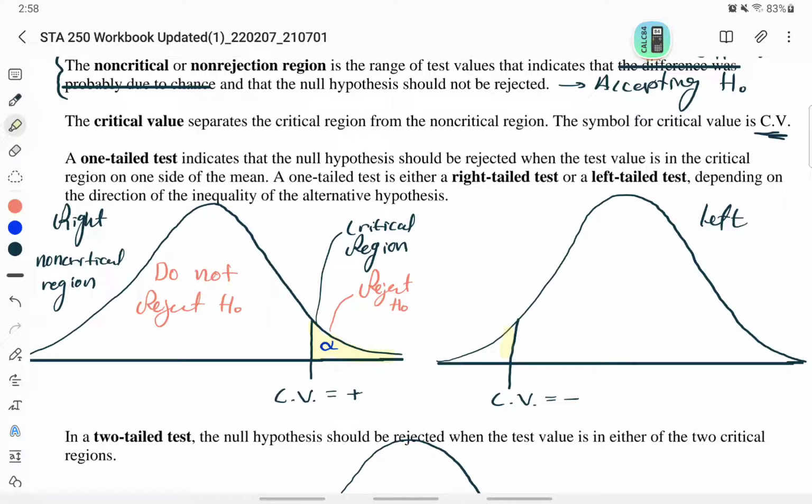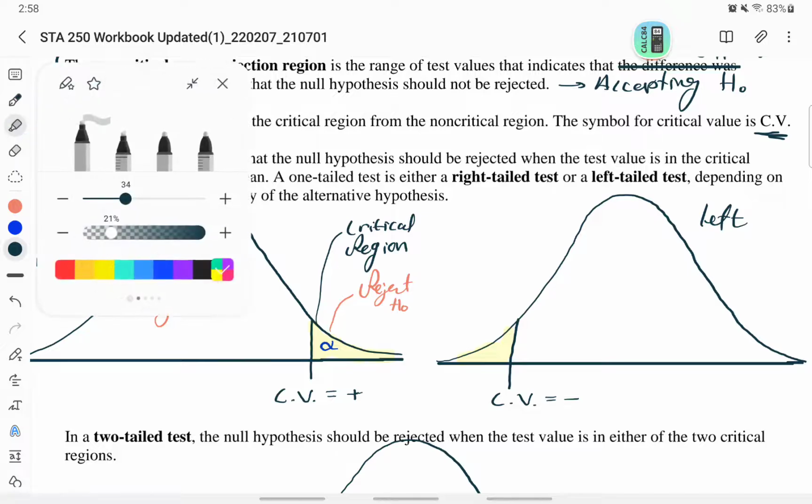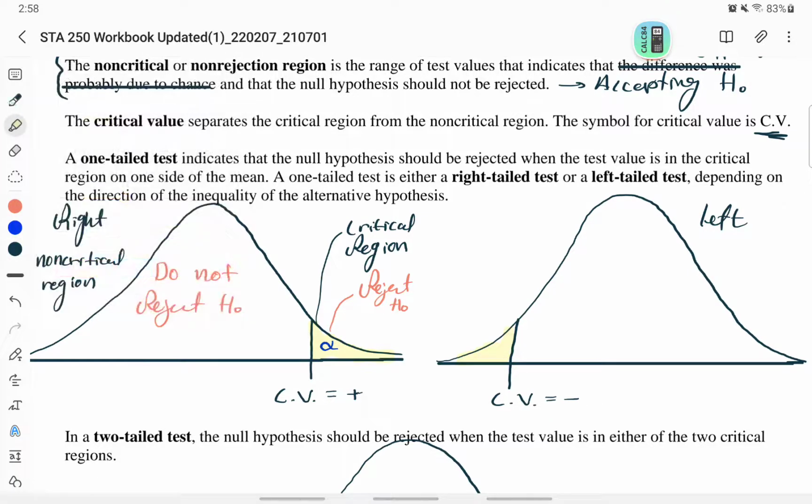We shade into the tail region. Once again, the shaded area is known as the critical region, and the non-shaded area is the non-critical region.